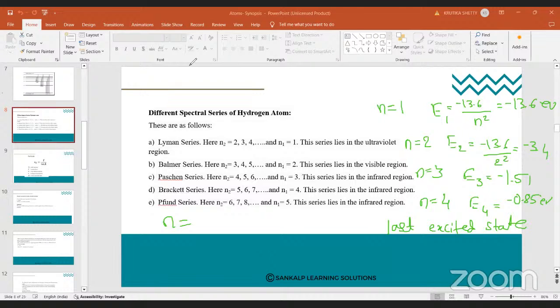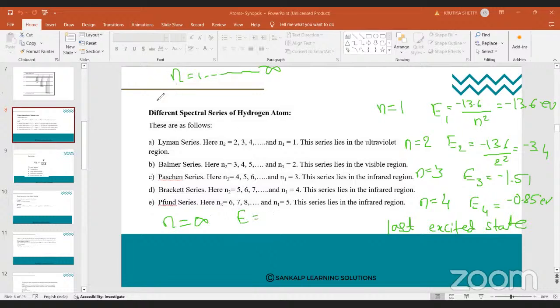Because your n can take the value from 1 up to what? Up to infinity we can take. n is equal to 1, 2, 3, up to infinity. So if they say last excited state, you can take n is equal to infinity, students.